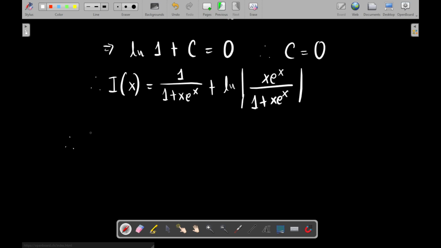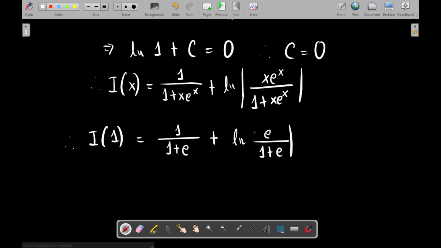Therefore, for our required question, which requires I(1), we just need to put the value of 1 here. On putting the value of 1 here, this becomes 1 + 1/(1 + 1·e^1), so this becomes 1/(1 + e), plus ln of the first term in the numerator, 1 times e, so just e divided by 1 + e, right?